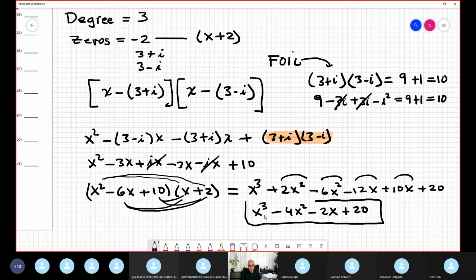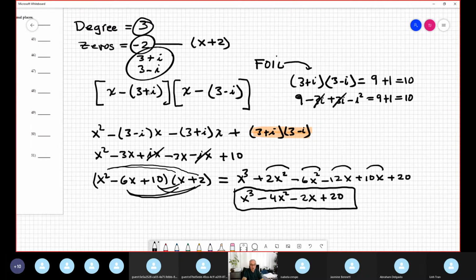This is a polynomial that I built that satisfies this requirement: degree 3, roots negative 2, and 2 complex 3i, and of course the conjugate associated with this. Super clear? There are many ways to do it. However, I explain the way I consider easy. Got it?